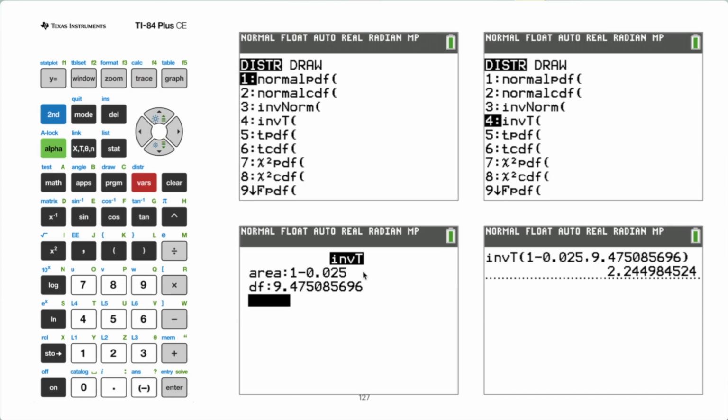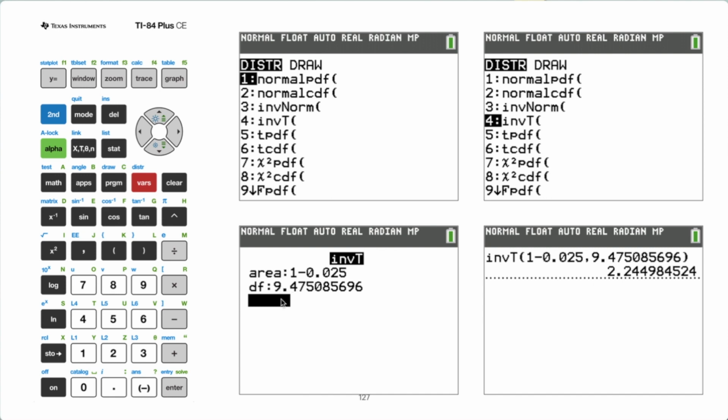And the area here, this is a left tail area. So if we want a right tail area 0.025, we would subtract that from 1, all right, to put in the area field. And we could either just do it mentally and enter 0.975 here, but I've explicitly shown taking the difference 1 minus 0.025 just to show you that you can do that as well.